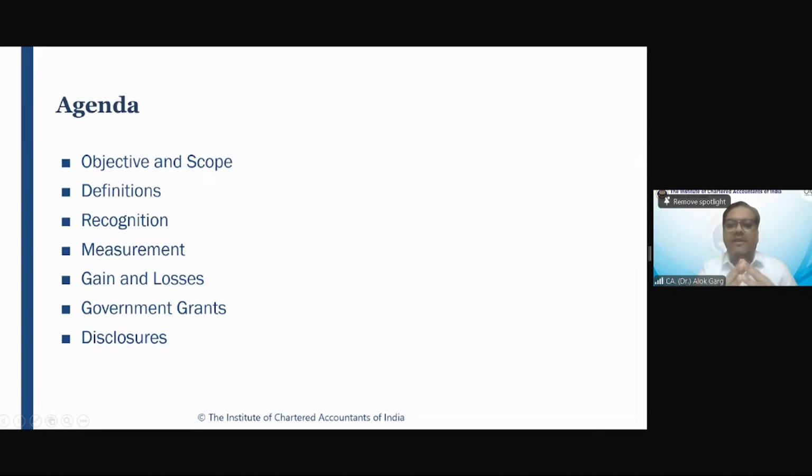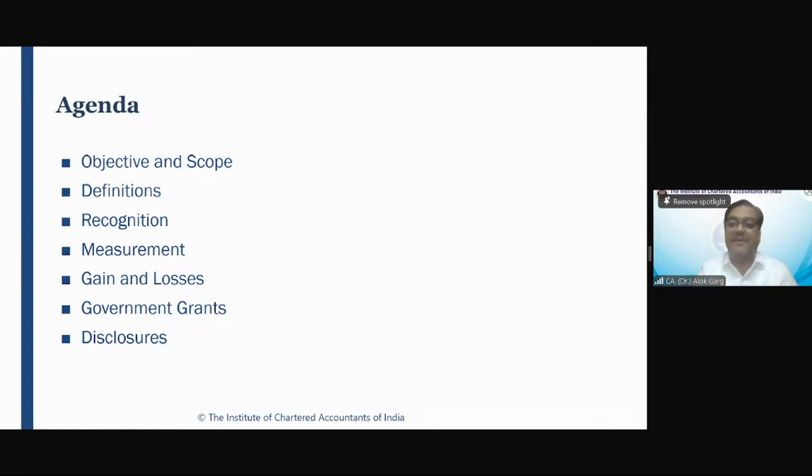From the examination perspective or from the real life perspective, it is important to understand the recognition criteria, the initial measurement, the subsequent measurement, right? And how to treat the gains and losses for agriculture items. That is more important. This standard also talks about government grants.